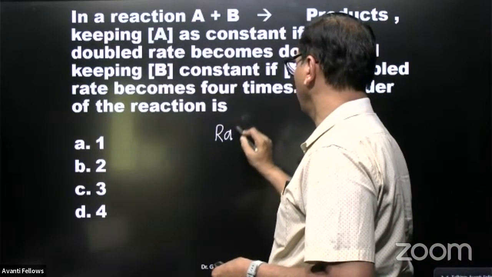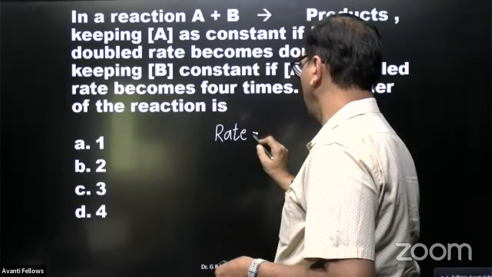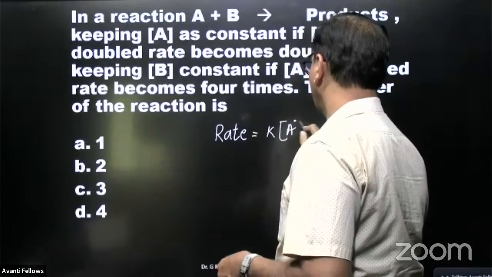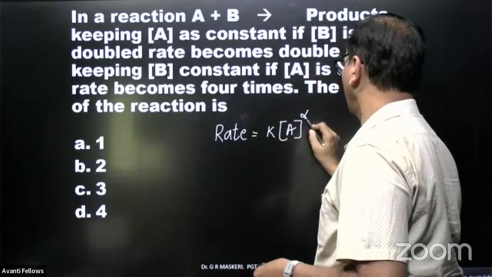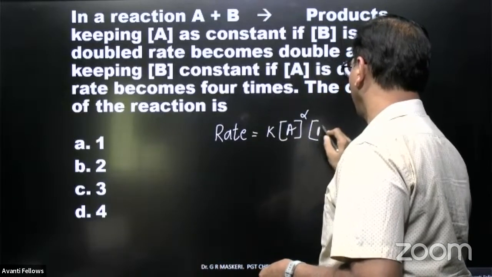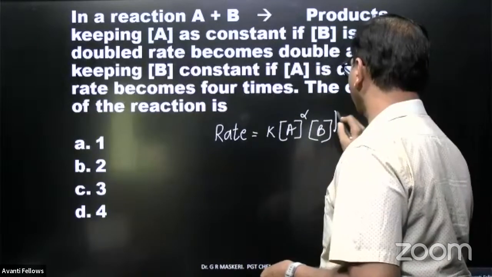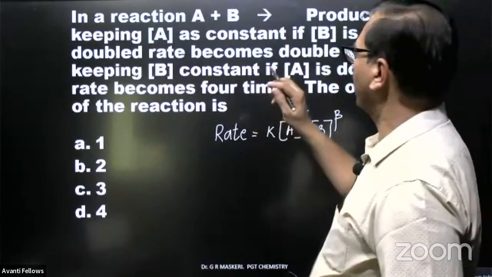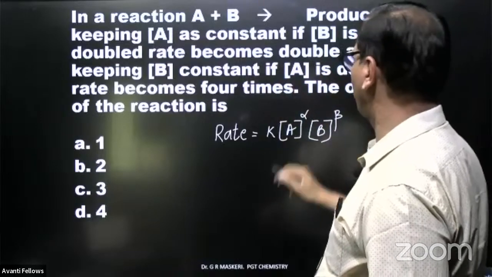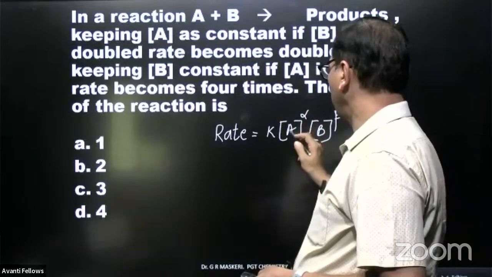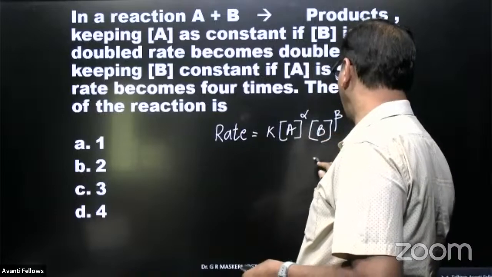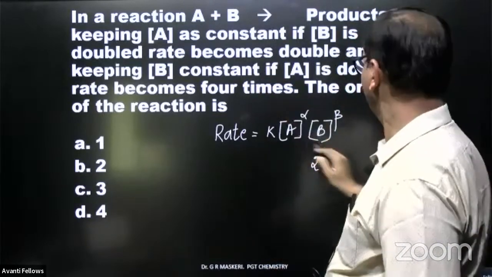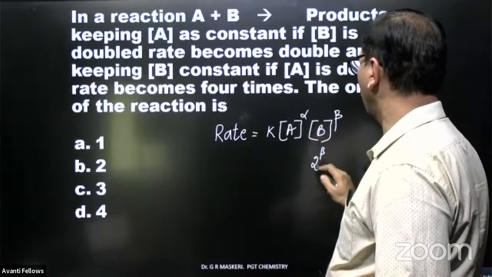So what you have to do, you have to make use of this expression. Rate is equal to K into concentration of A to the power alpha, concentration of B to the power beta. Now, keeping A as constant, if B is doubled, 2 to the power beta.